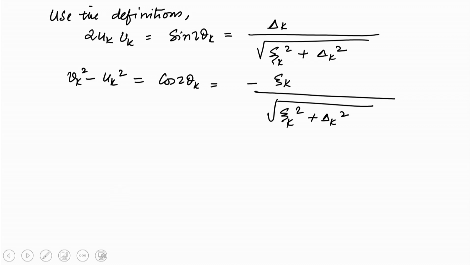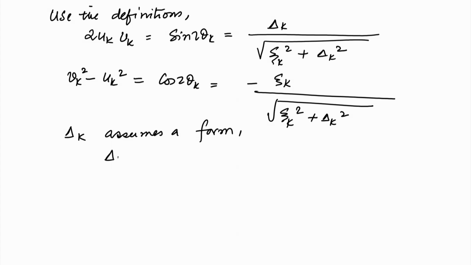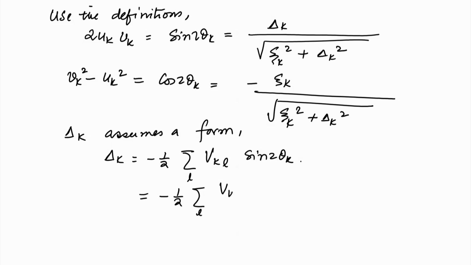Hence the quantity delta k assumes a form: delta k equal to minus half of sum over L V k L sin 2 theta k, and hence this is equal to minus half sum over L V k L delta k divided by, putting the value of sin 2 theta k here, delta L square plus xi L square. So, that is the definition of delta k.